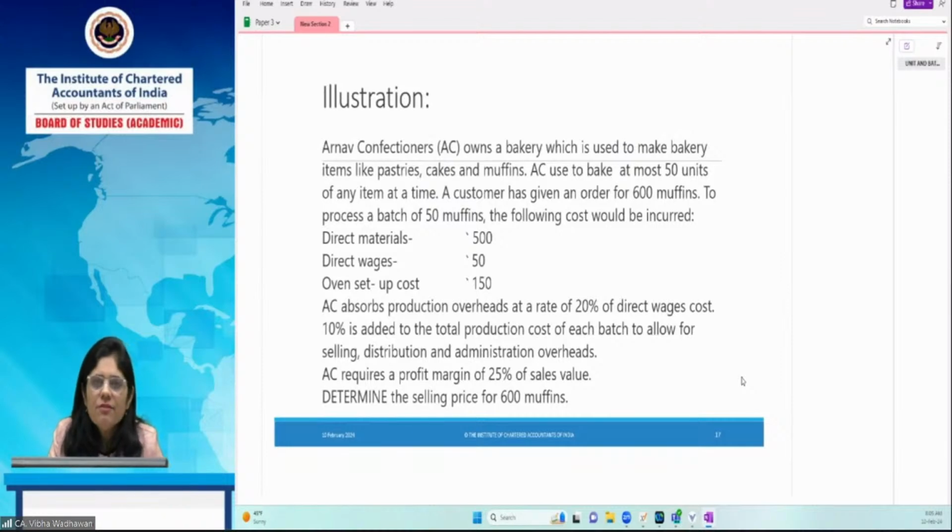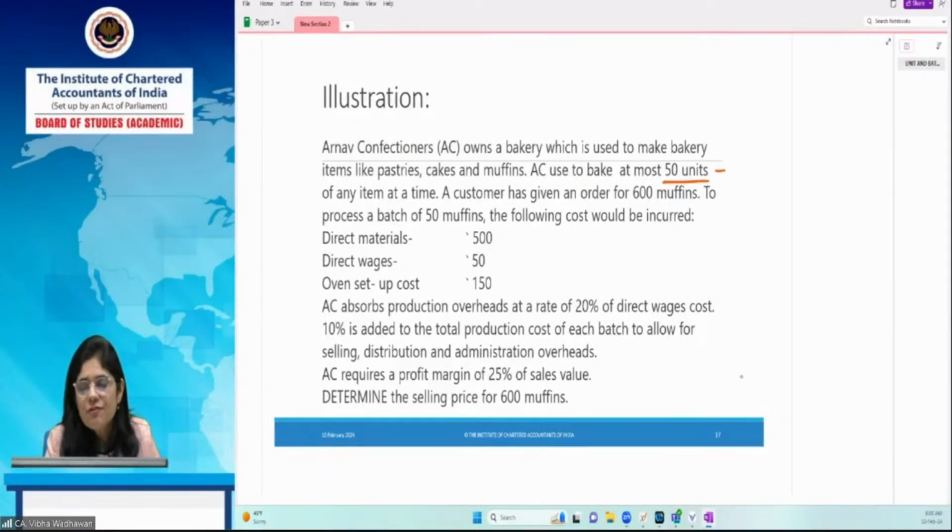Arnav Confectioners owns a bakery. AC used to bake at most 50 units of any item at a time. 50 units at a time.